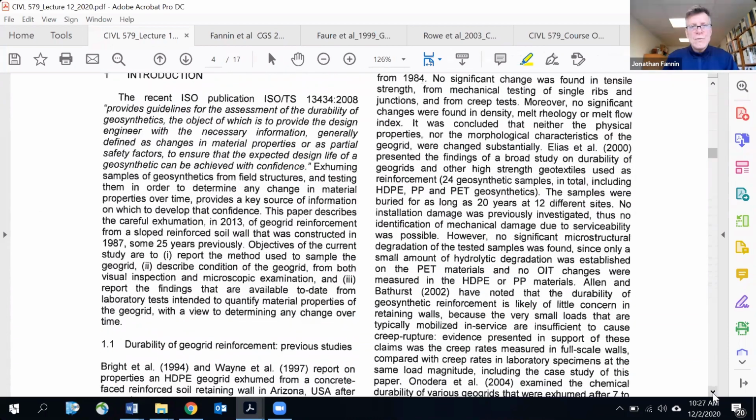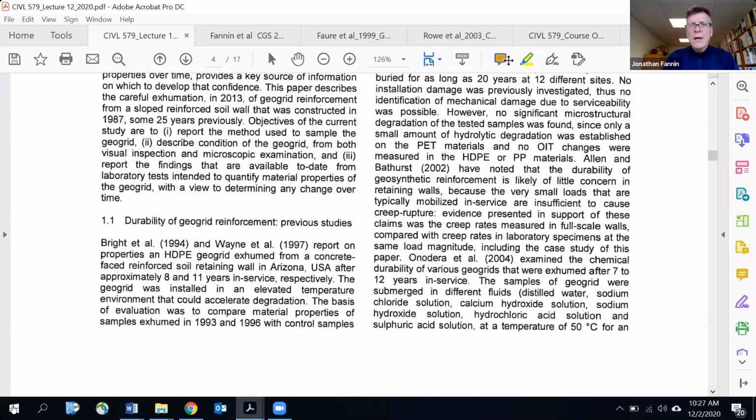The material, as you know, is an HDPE geogrid. It's actually Tensar SR55. Okay, and we did this knowing that there have been studies in the past.